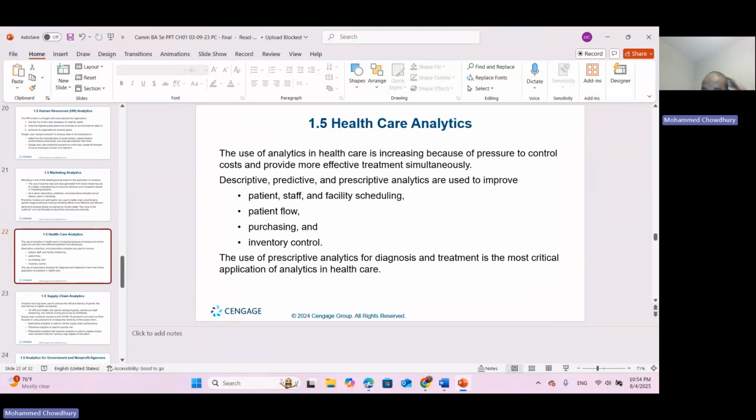Also patient flow, how patients are coming, purchasing, and inventory control can all be done using descriptive, predictive, and prescriptive analytics. The use of prescriptive analytics for diagnosis and treatment is one of the most critical applications of analytics in healthcare.